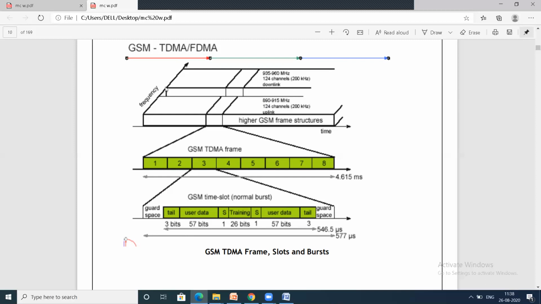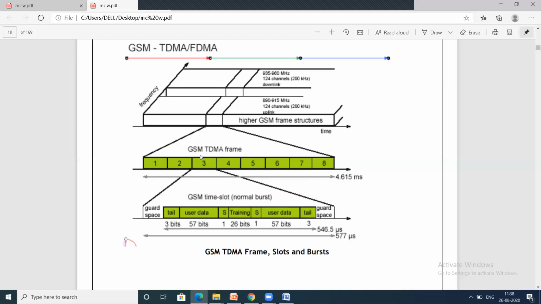This is the frequency, and this is the GSM TDMA frame. This TDMA frame has 8 time slots, 1 to 8, and the periodicity is 4.615 milliseconds.